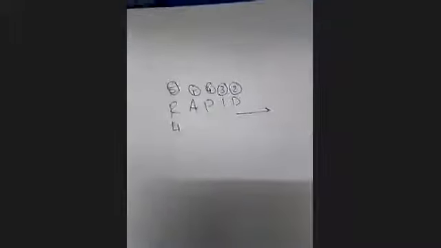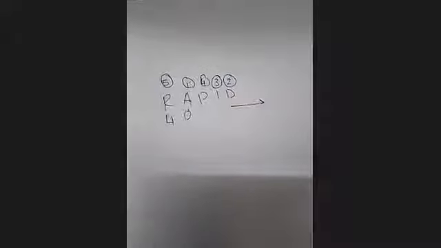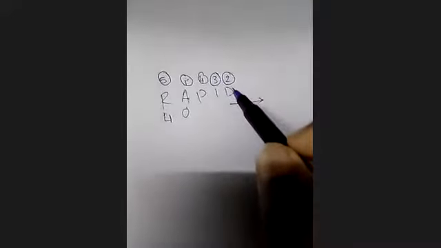Okay. Now on the right hand side, how many numbers are lesser than one? Zero. So below A, write zero. Next, to the right of four, how many numbers are lesser than four? Two numbers, two and three.